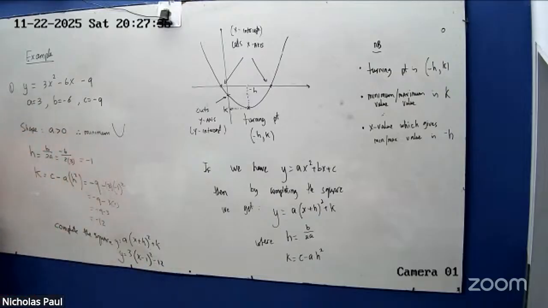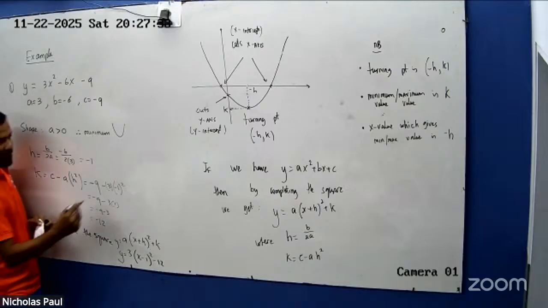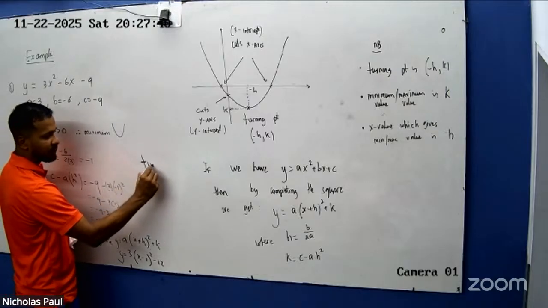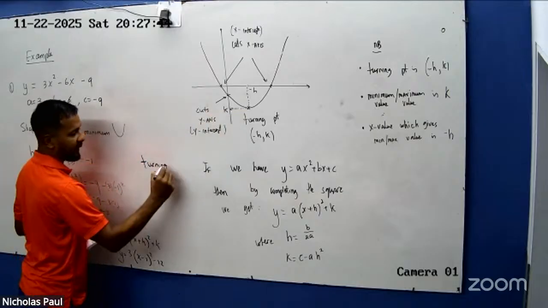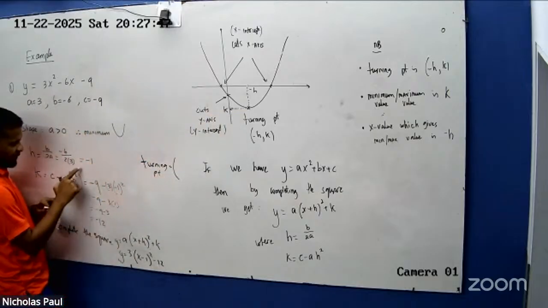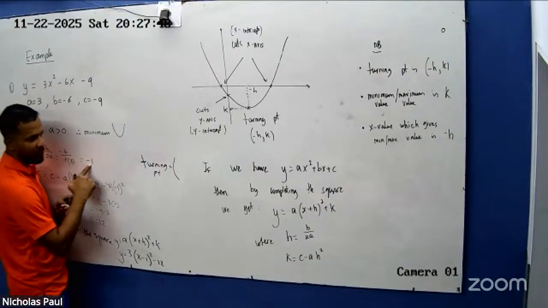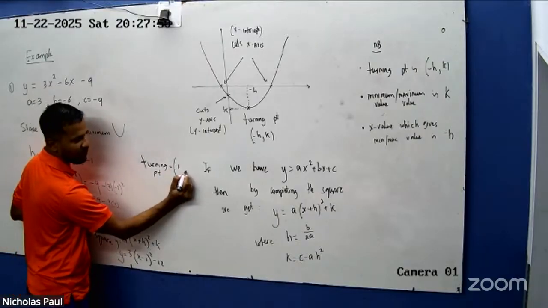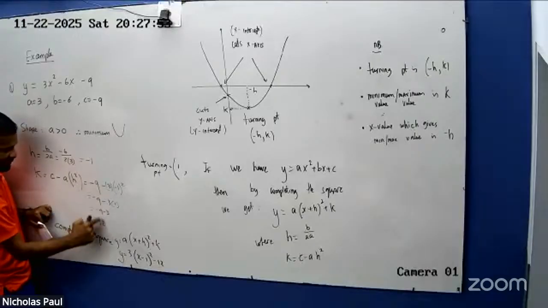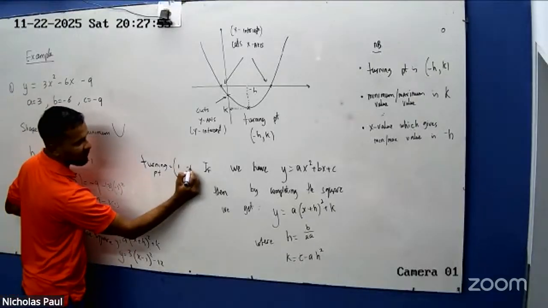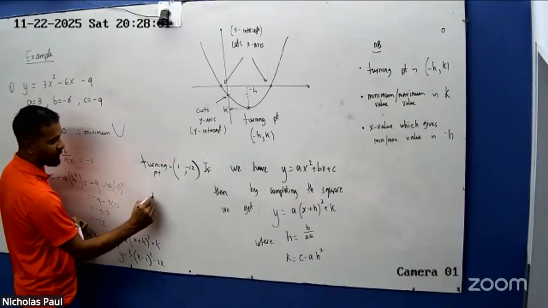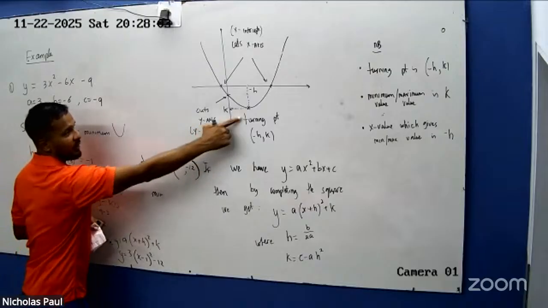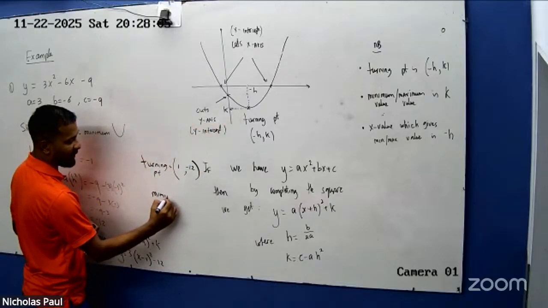That's okay? So can we easily tell them the turning point? The turning point, which is this point here, is minus H. So H is minus 1, so minus H will be positive 1. And K is minus 12. This is your turning point, and your lowest value, your minimum value.